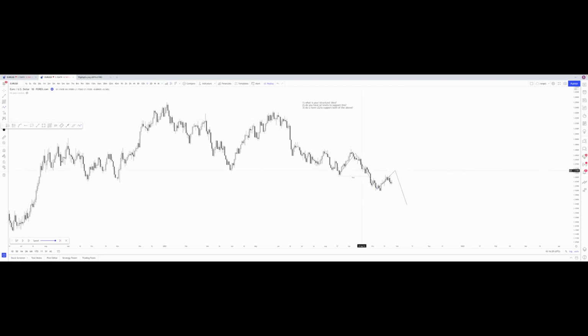So we can expect a pullback because we haven't really tested this range much. We just tapped into it, but there's other stuff higher up that's a little bit better. So the structural idea is that we can potentially see a pullback after we have had this change of character here. We'll zoom in on this a little bit.